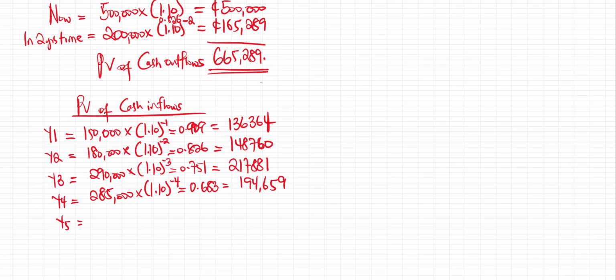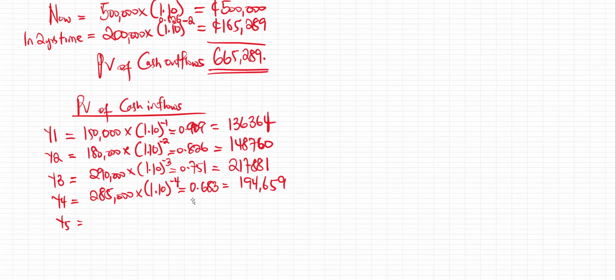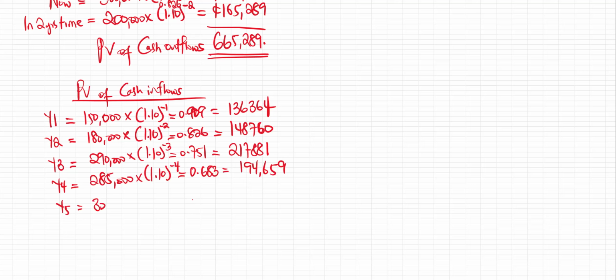Year 5. The last one was what? 300,000, right? So 300,000 going by 1.1. Now that you understand, give me the discount factors. It's 194,655 when you multiply by 0.683.